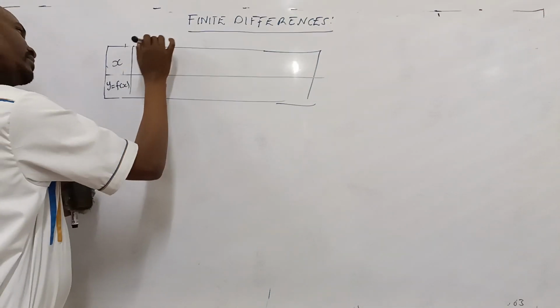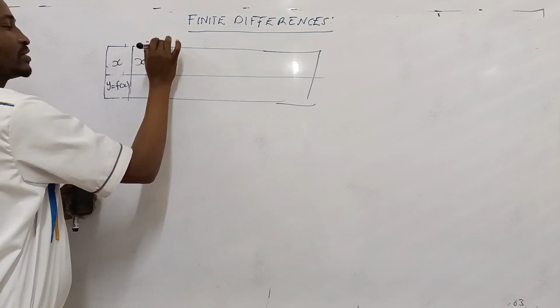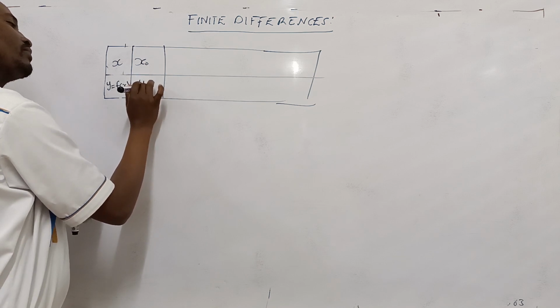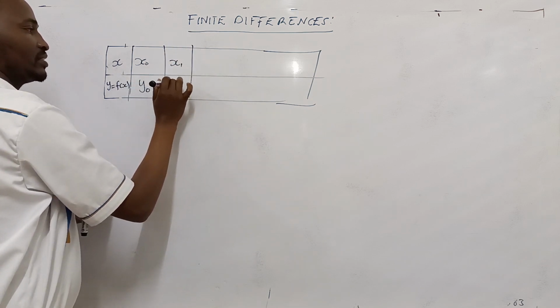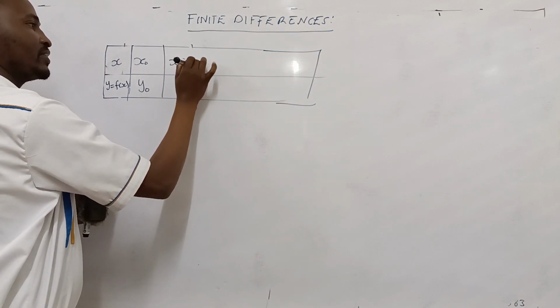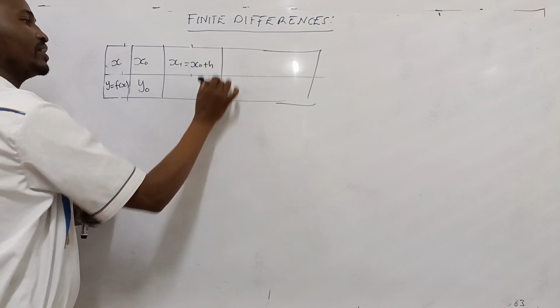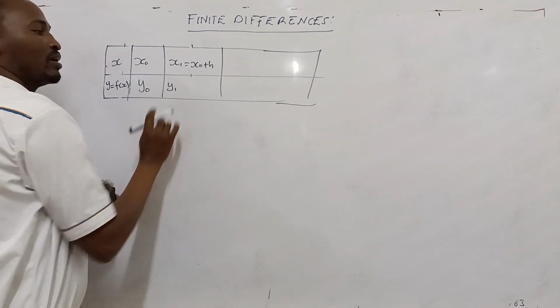If you have the first value here on the table, we call it x naught, and the first value here, we call it y naught. Here you have x1, where x1 is the first value x naught plus a certain interval h, and the functional value here will be y1.